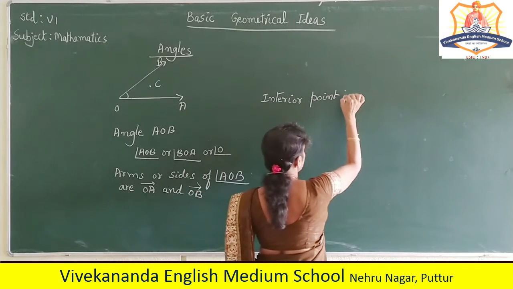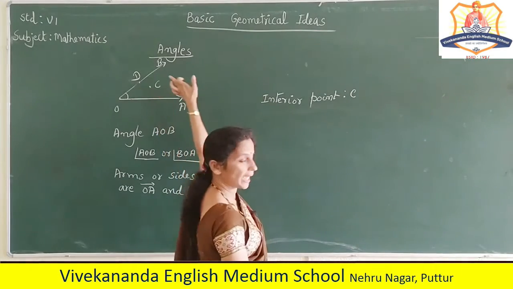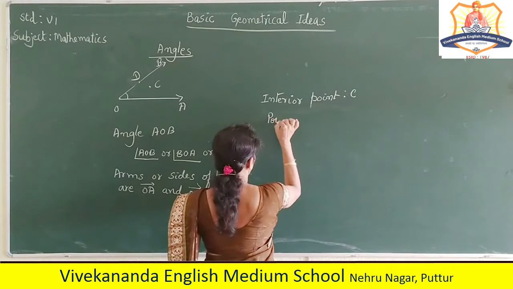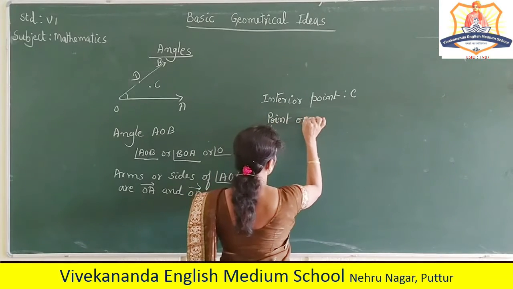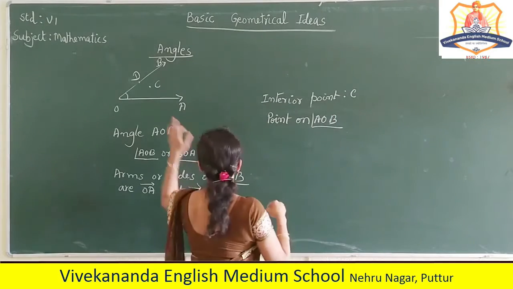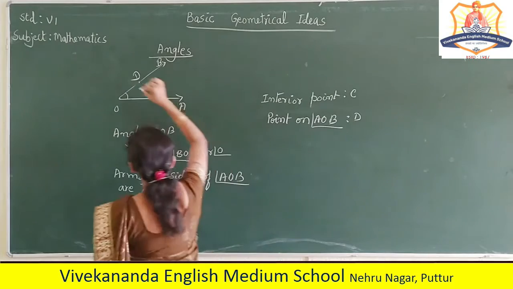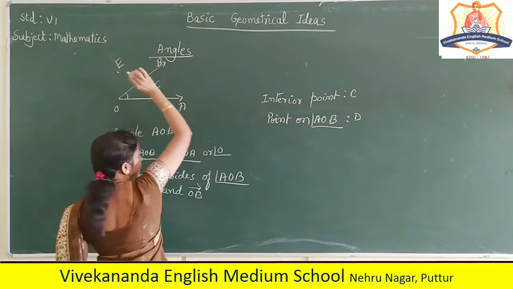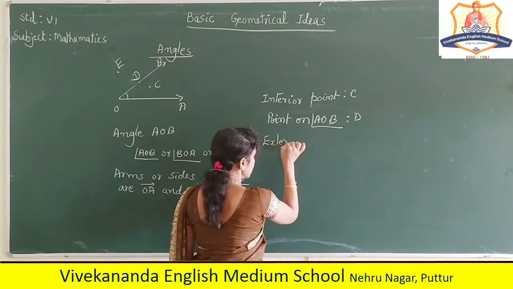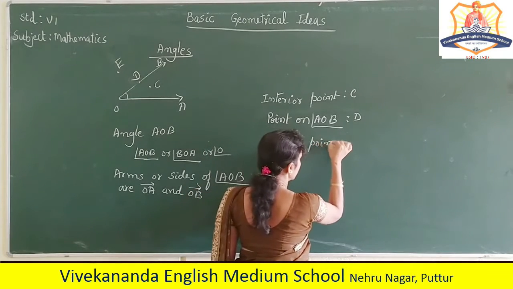So the interior point here is C. The point D is on the angle AOB. And the point which is outside the angle we call an exterior point. The exterior point is E.